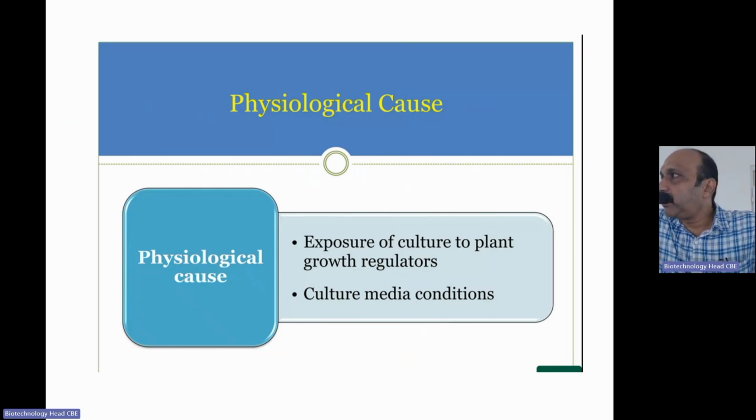If you add too much of it, then that can cause heritable mutations in those plants. The culture media conditions can also cause somaclonal variation. Having more of sodium can affect the sodium potassium channel, and this will cause drought stress or salinity stress. That can also give rise to somaclonal variation.